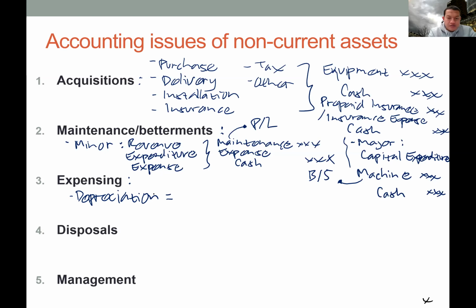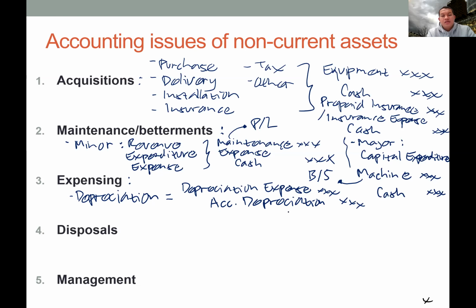So how do we record this in the journal? We simply record depreciation expense in the debit, and then the credit will be accumulated depreciation.